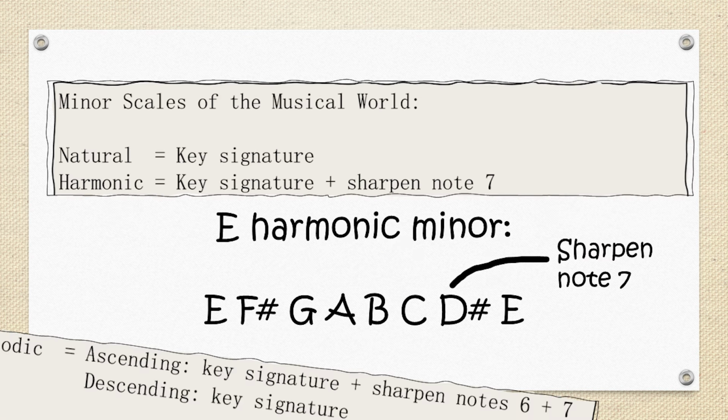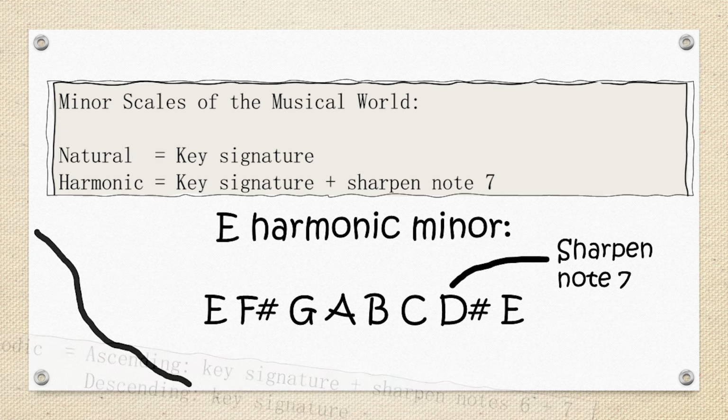For example, in E harmonic minor, which shares G major's key signature, we have an F sharp in the key signature, and we sharpen the D as well, although this is not included in the key signature. By altering the scales in this way, we embark upon a slippery slope, which culminates in a few interesting cases.